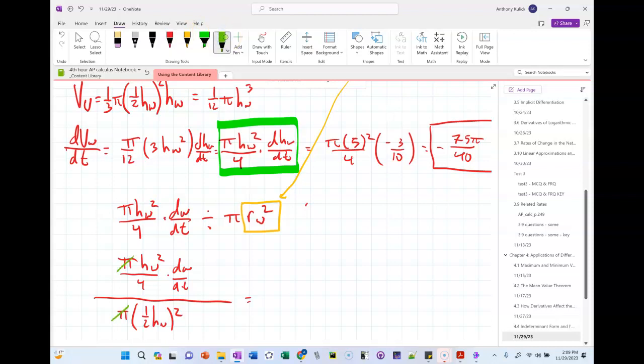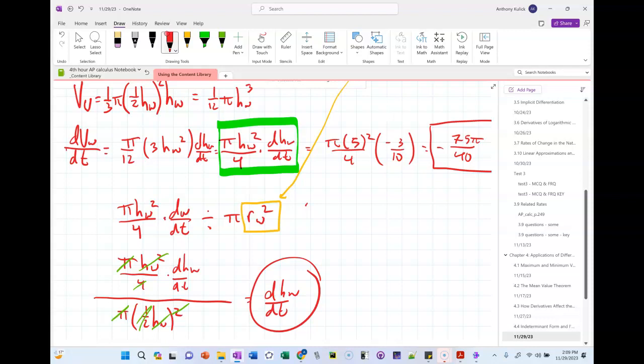Pi's can cancel. 1/2 squared is 1/4. And h_w squared over h_w is h_w. So what are we left with?